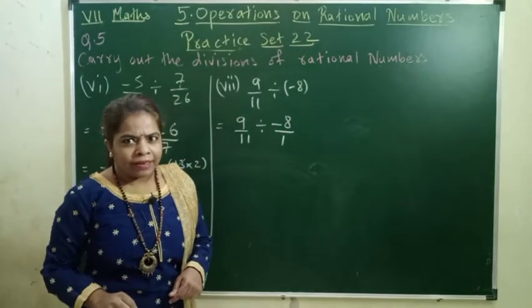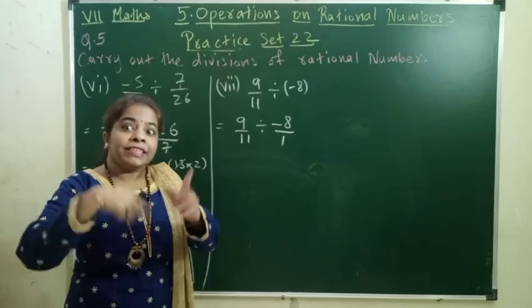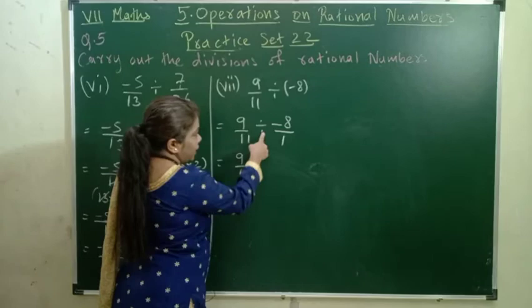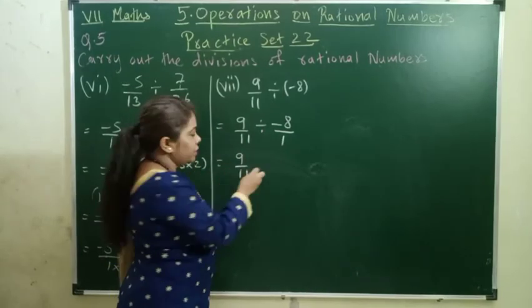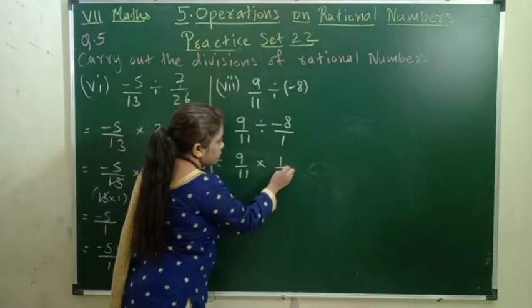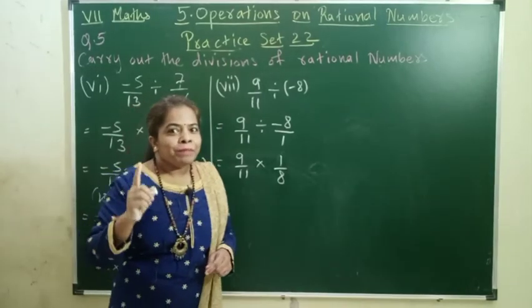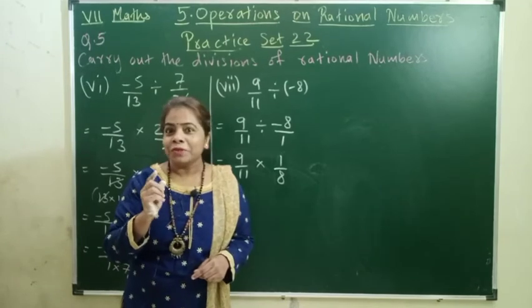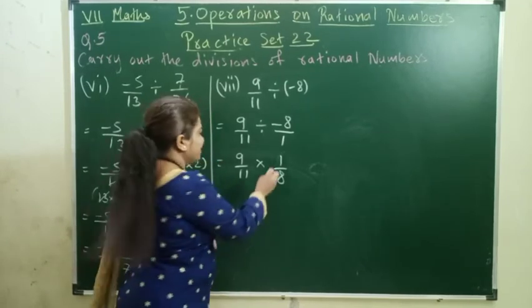I'll remove the bracket now. Let's reverse. Division becomes multiplication. Into this will be reversed. I will put a minus sign to the numerator. It never goes to the denominator.